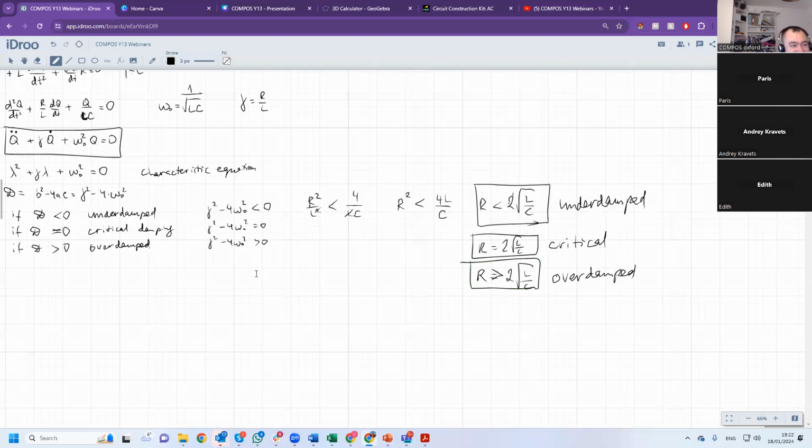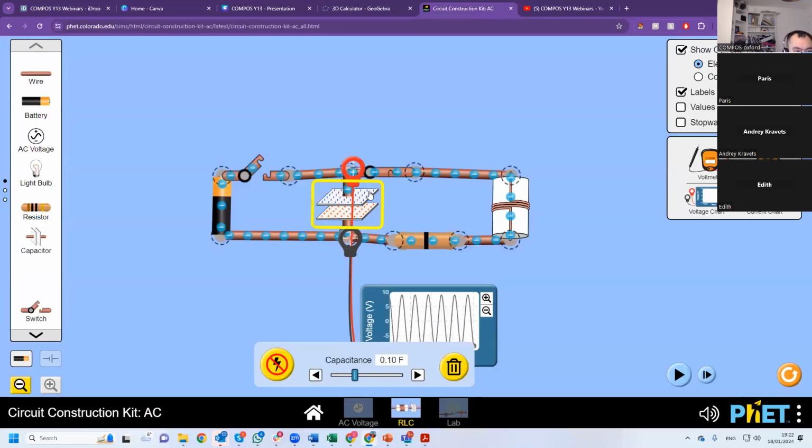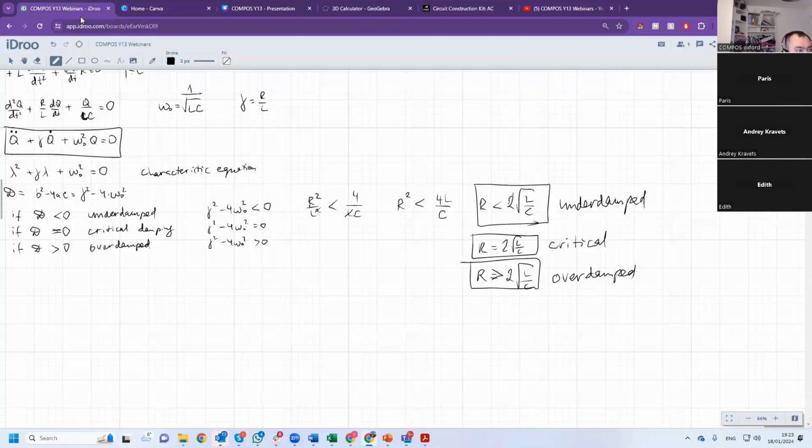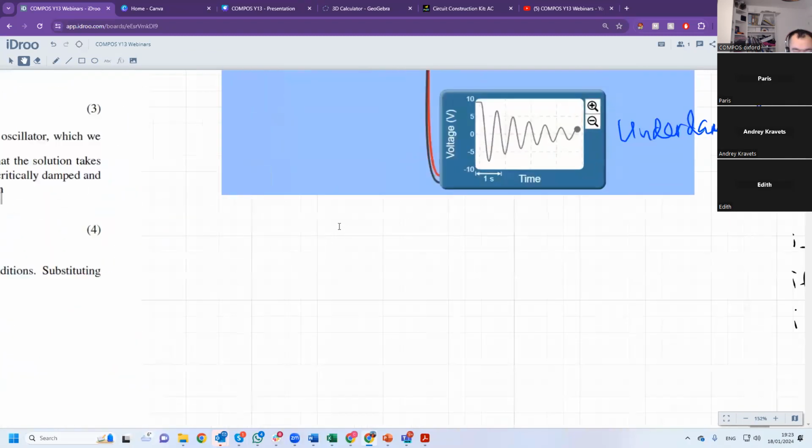So let's check. In our example, capacitance is 0.1 farad and inductance is 0.1 Henry.